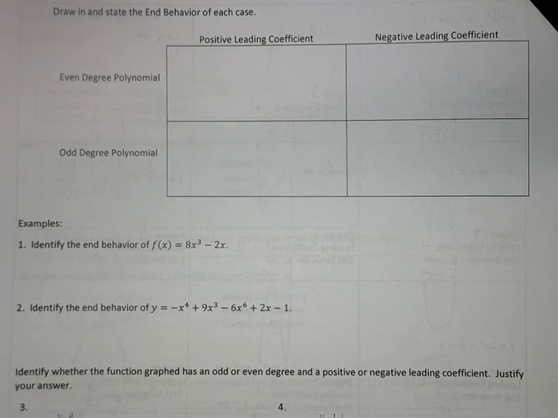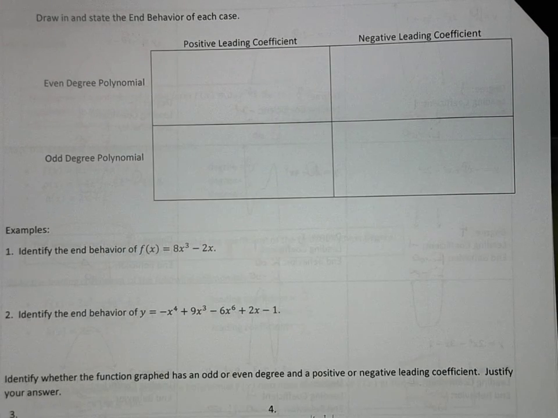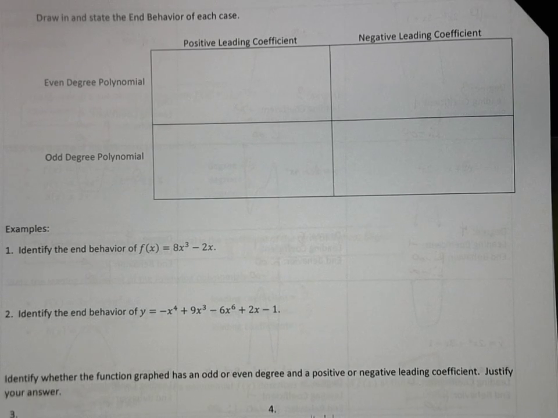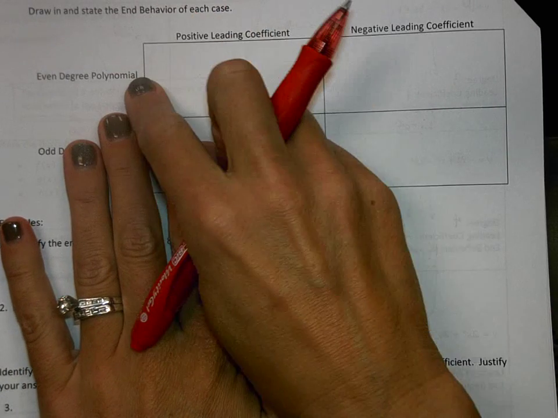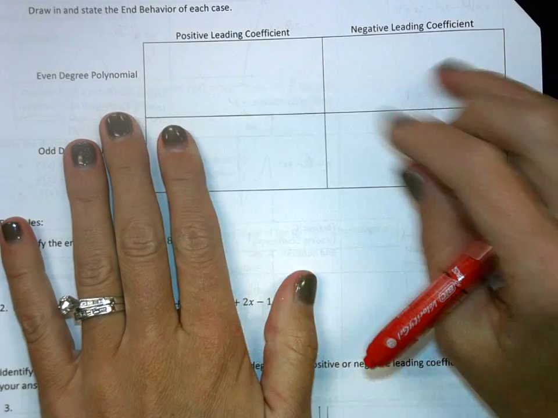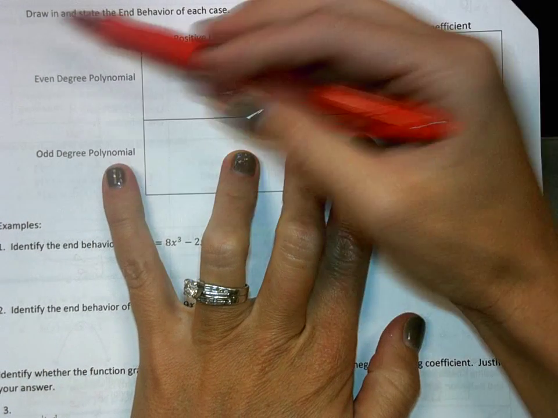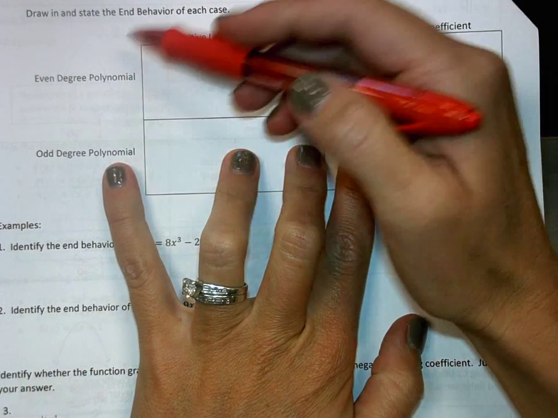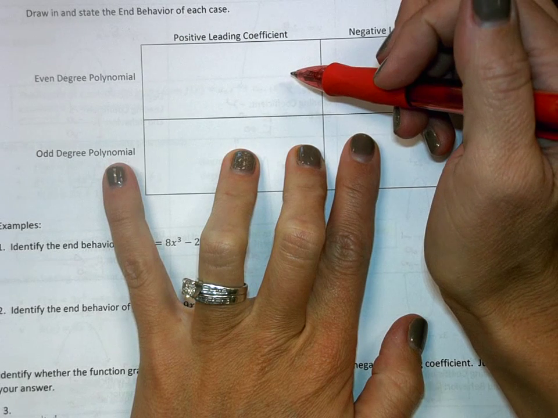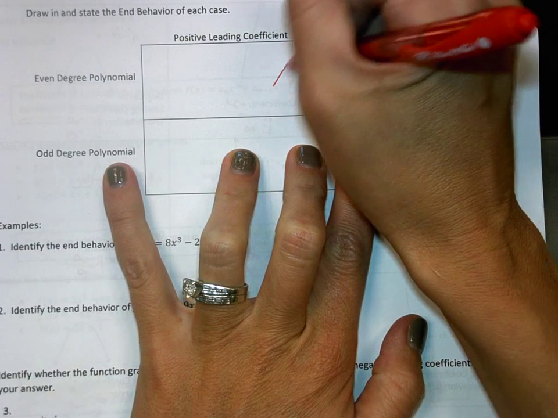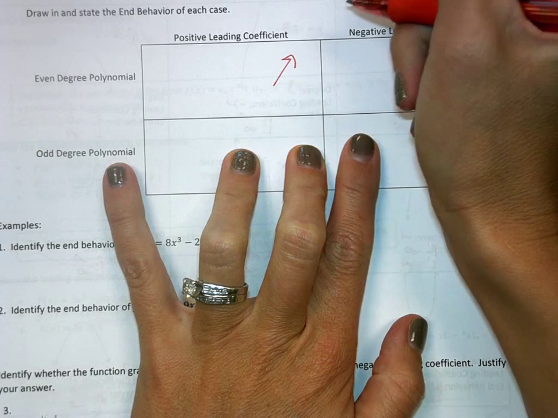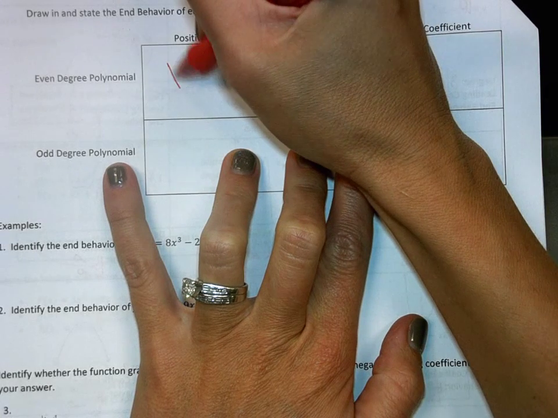So we have this little chart here. So we know that even degrees go in which directions? Same directions. So if it's positive, what's going to happen if it's an even degree? Your right goes up and your left will also go up.